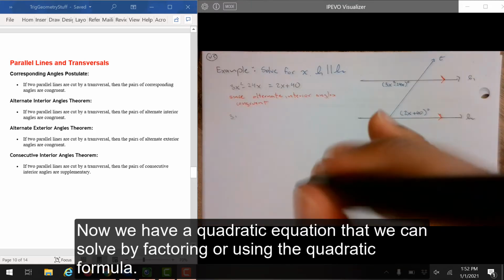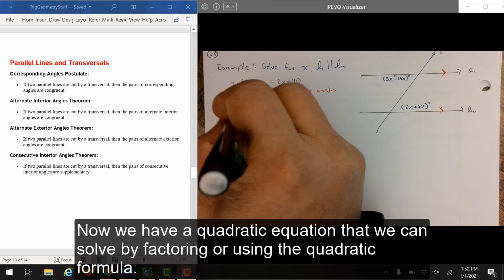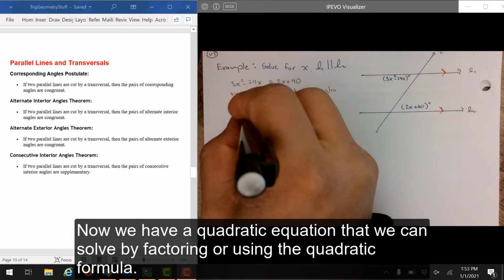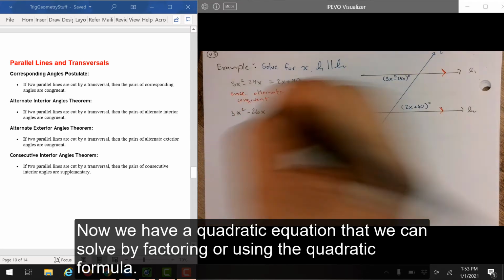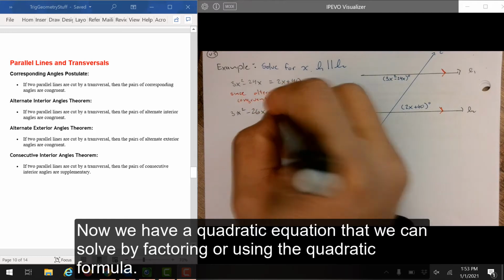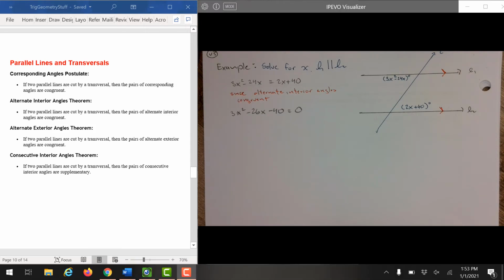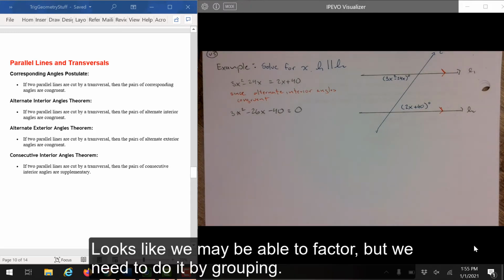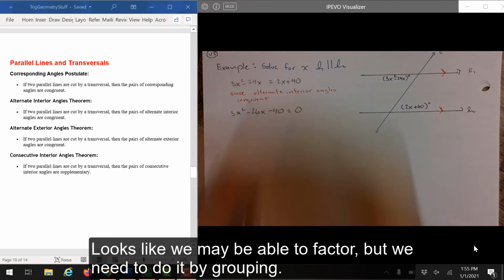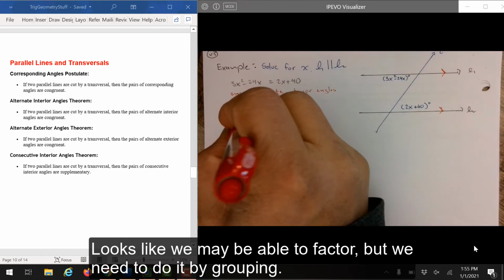Now we have a quadratic equation that we can solve by factoring or using the quadratic formula. Either way, we get the equation in standard form. Looks like we may be able to factor, but we need to do it by grouping.